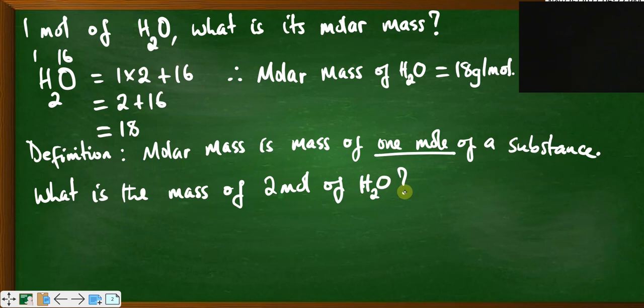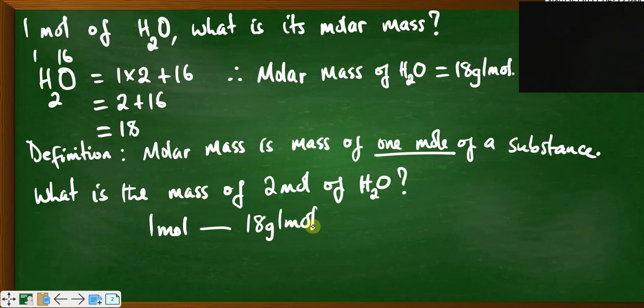This becomes simple. You will say, I know from this situation that if I have 1 mole of water, I'm always getting 18 grams per mole of water.